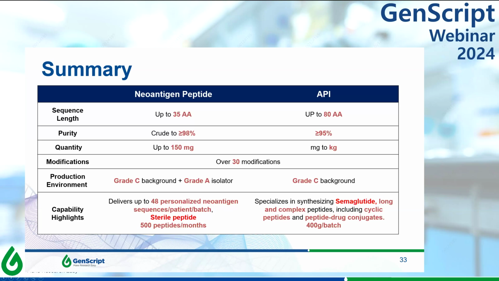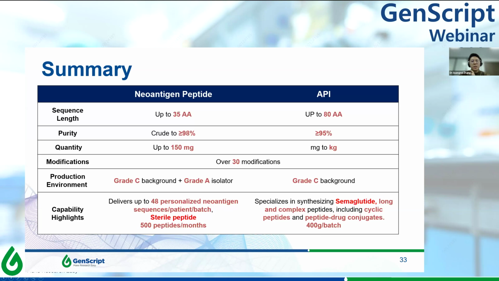And the other question is, if there is no CMC study, can we recommend corresponding quality standards to customers? Yes, we can recommend a quality standard for the API and the neoantigen. Let's start with the API. If you want to do a CMC study for the API, we can.